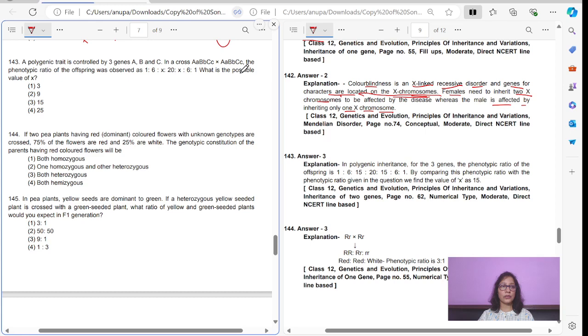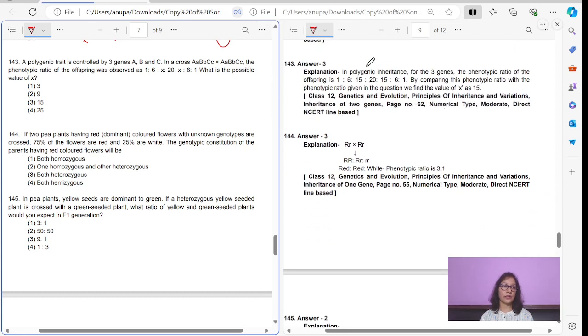Now let's move to the next question, that is question number 143. It says that a polygenic trait is controlled by three genes, that is A, B, and C. In a cross AaBbCc × AaBbCc, the phenotypic ratio of the offspring was observed as 1 : 6 : x : 20 : x : 6 : 1.